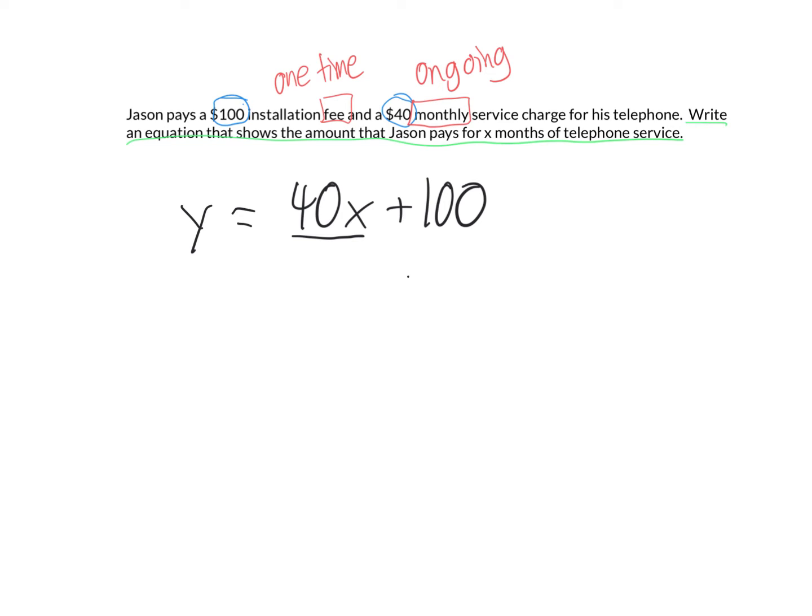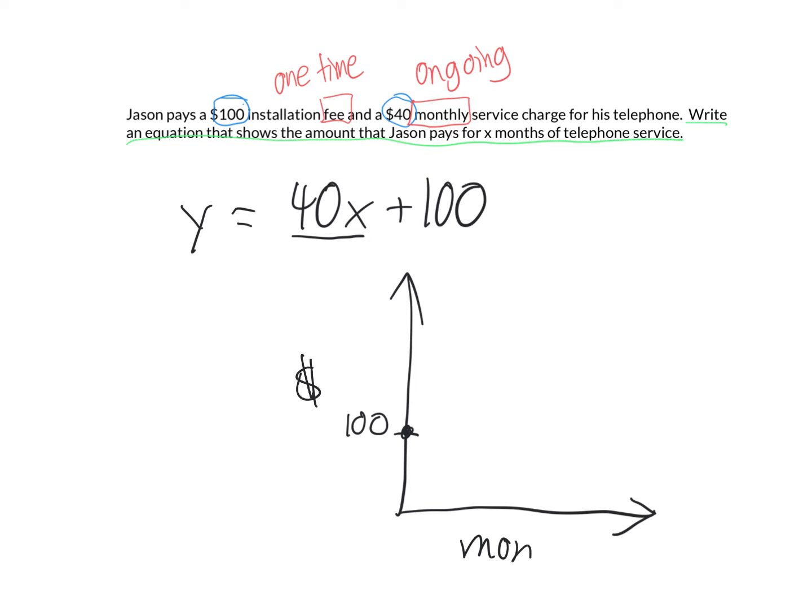And here's how it becomes handy. So we'll draw us a little graph. This is going to start at 100 because that's what he's paying even before he starts getting monthly service charges. So obviously this is going to be our money over here, and this is going to be his months of service. So we've got 1, 2, 3. So this is 0.